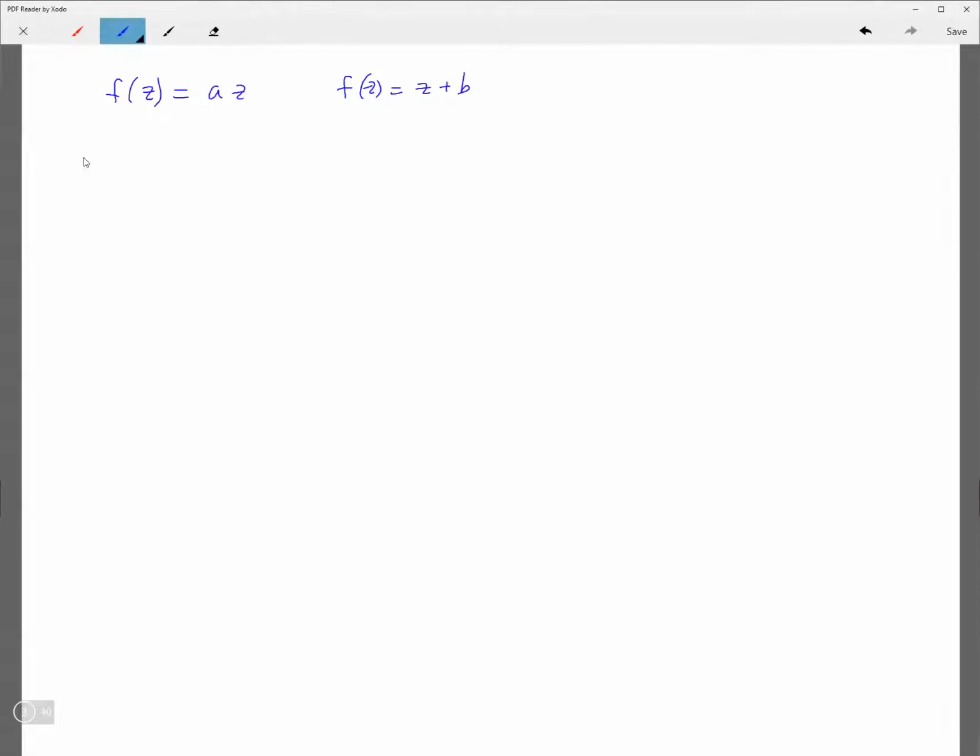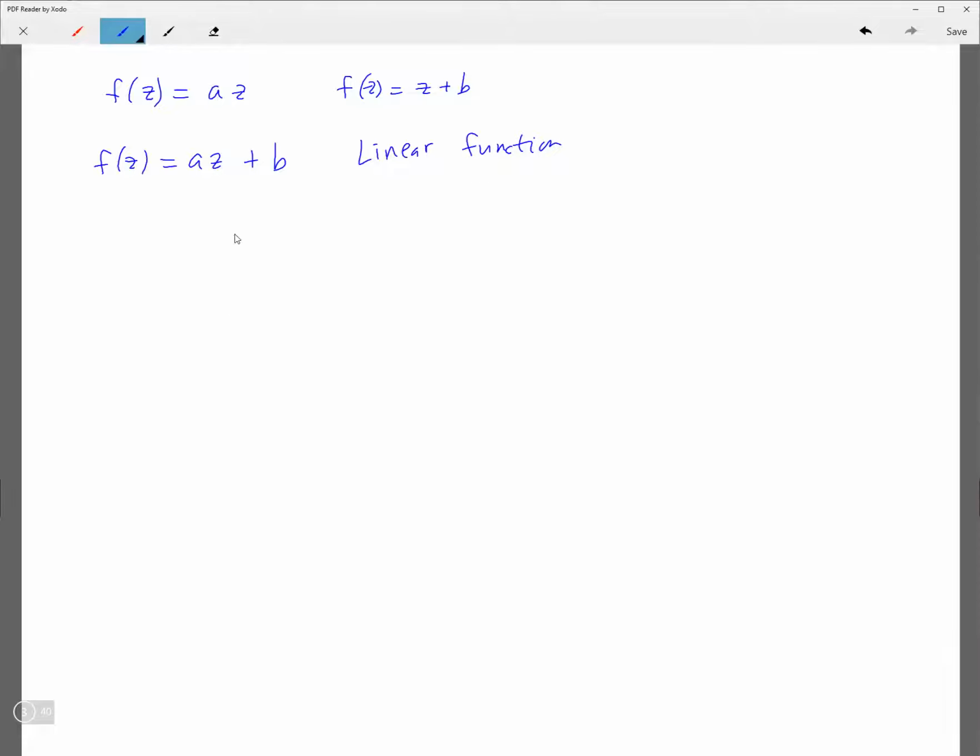Okay, so what I like to do is just sort of combine those together, like that, az plus b. And this is a linear function. You're taking a constant times your independent variable plus another constant. So that's like a linear function. And we explore how that goes.